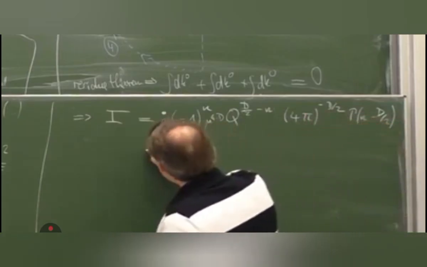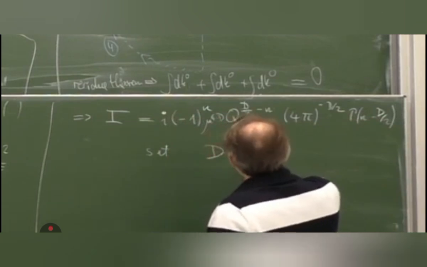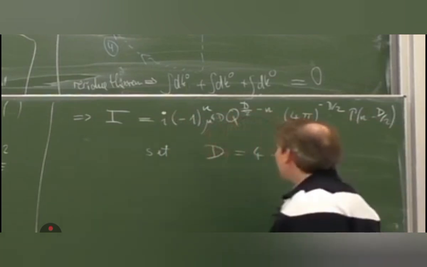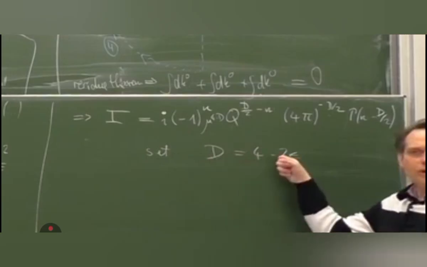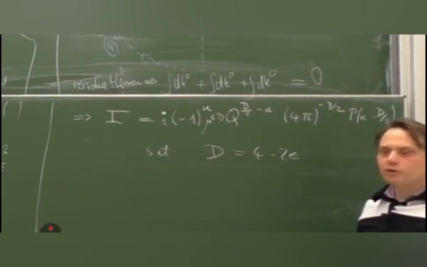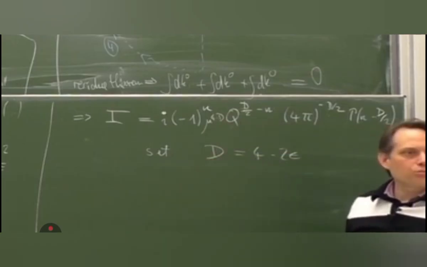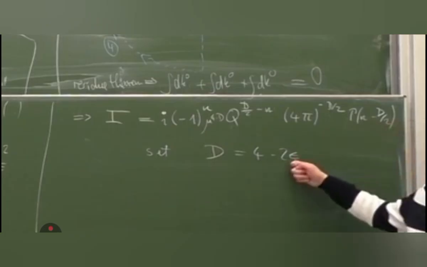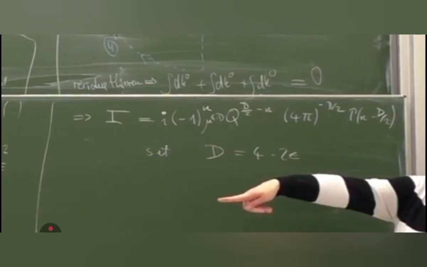Now we can use the, let's say, idea of dimensional regularization, where we set the dimension to 4 minus 2 epsilon, and epsilon is then our regularization parameter. And from now on, we allow that the dimension is actually an arbitrary real or complex number. And this epsilon might also be an arbitrary real or complex number. In particular, it can continuously go to 0.